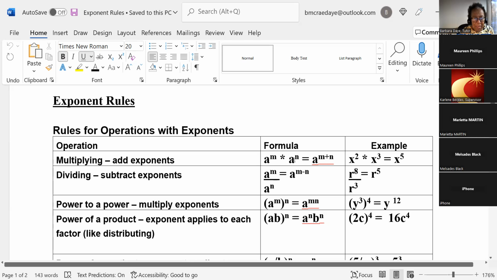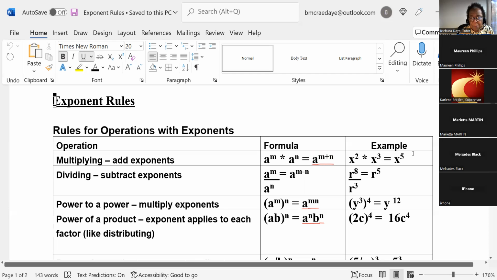Here again, base A, exponent N. So you add the exponents, M plus N. A to the M times A to the N is A to the M plus N. With numbers, X to the second times X to the third is X to the, you add the 2 and the 3. You got it? 2 plus 3 is 5.